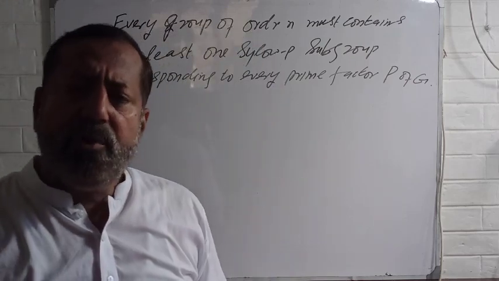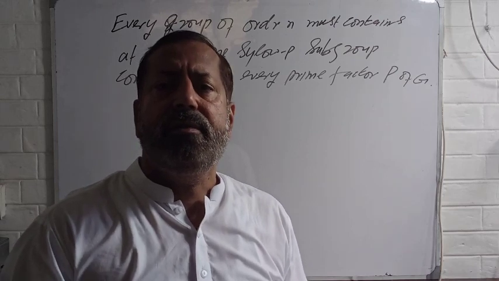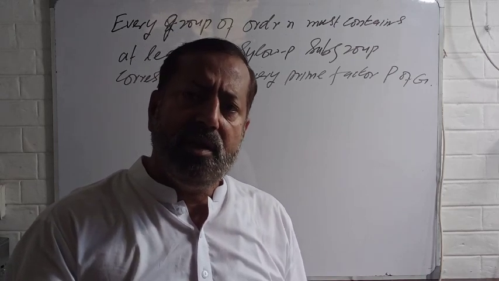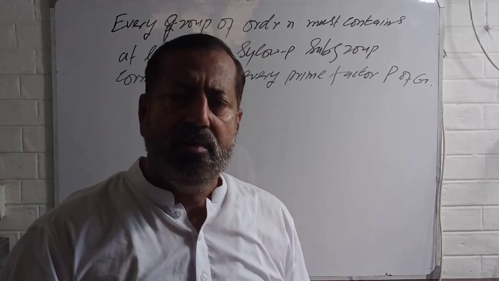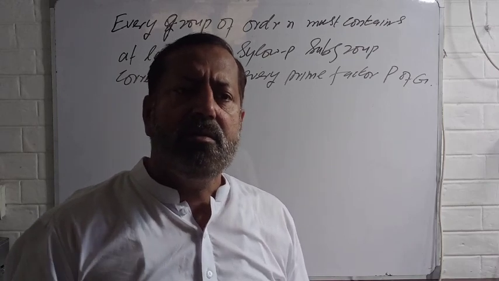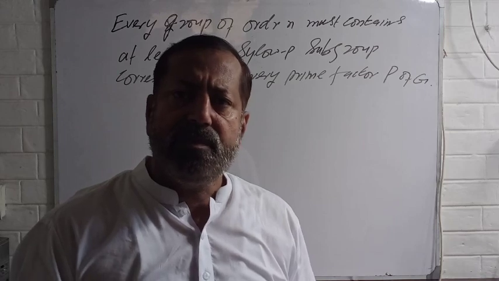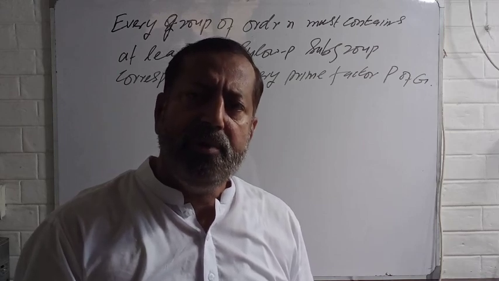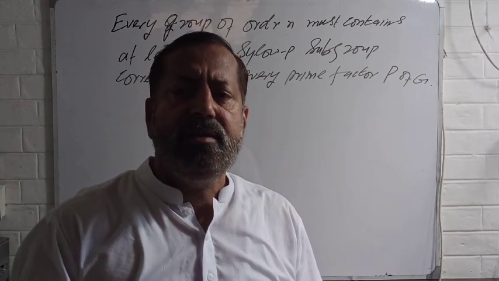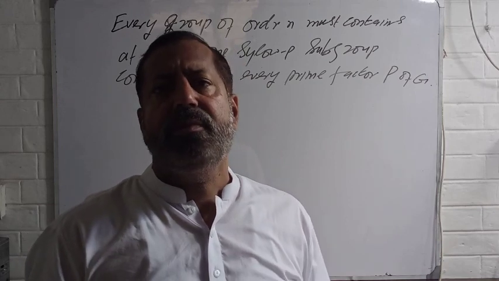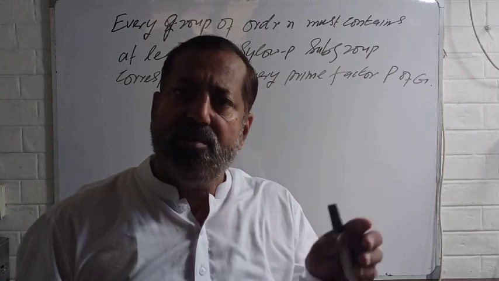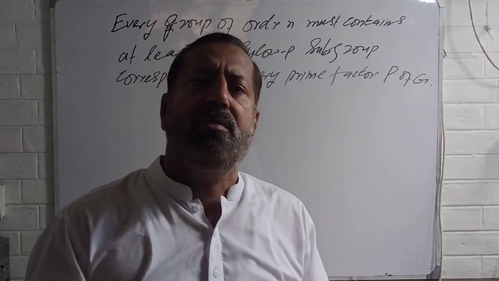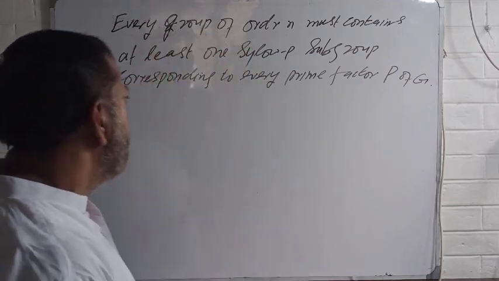P is any prime divisor of the order of G. Then G must have at least one Sylow-p subgroup, right? This means that corresponding to a prime P, a group G may have more Sylow-p subgroups, but we will see that these must be conjugate to each other if their orders are the same.